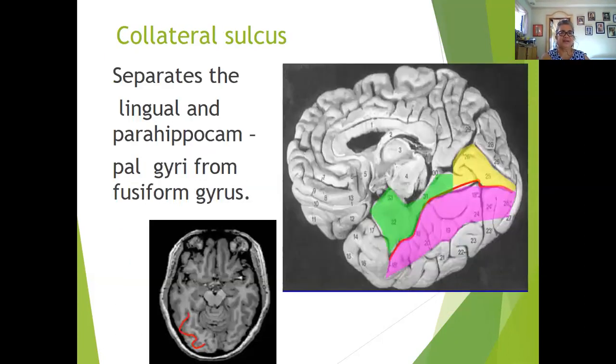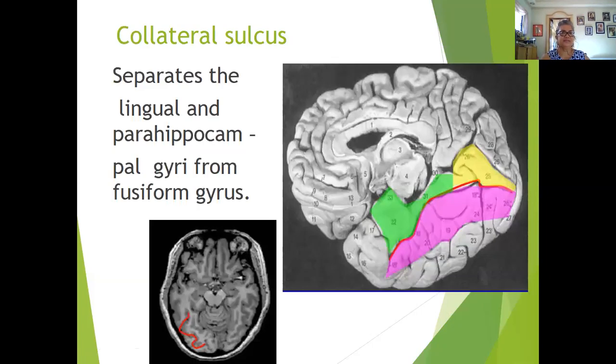Then you have the collateral sulcus. This will separate your lingual and parahippocampal gyri from the fusiform gyrus. So if you will notice, this is a medial fissure because you have here your corpus callosum. And you can find this on the inferior surface. You'll have here the occipital pole.